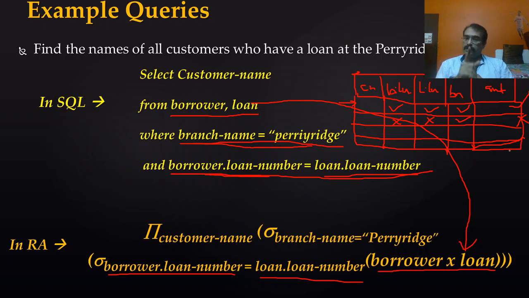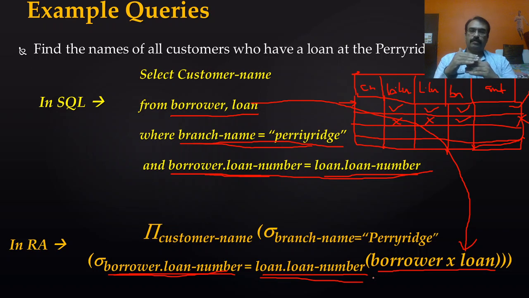This is happening at the back end of SQL. In RA, I am explicitly mentioning to perform borrower into loan first. Then after performing the Cartesian product, apply this condition first. When this condition is applied, the size of the Cartesian product is lowered down.